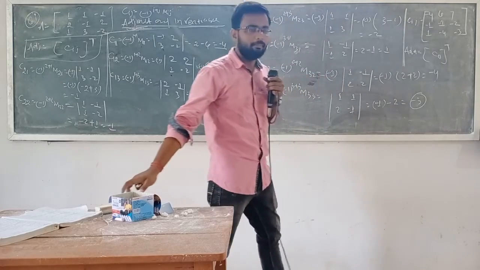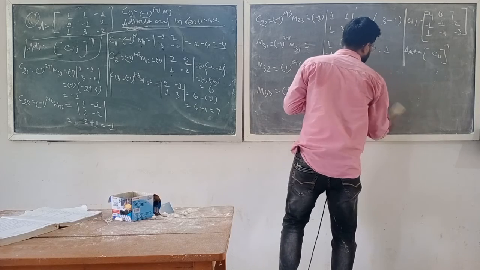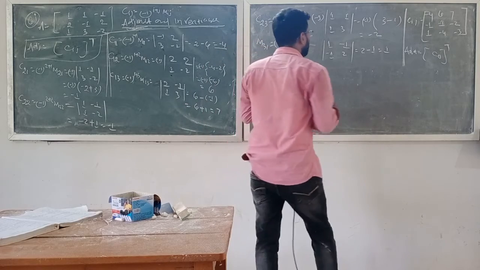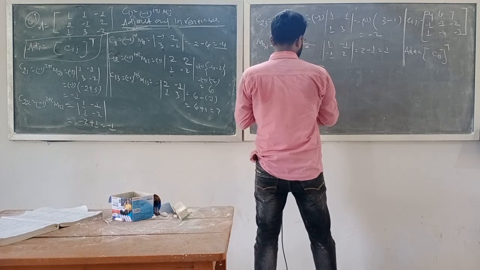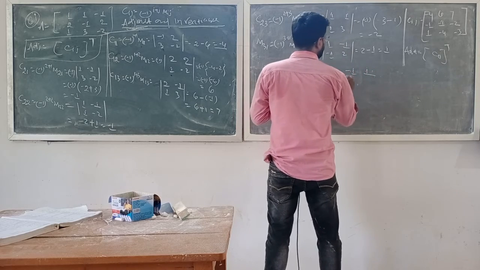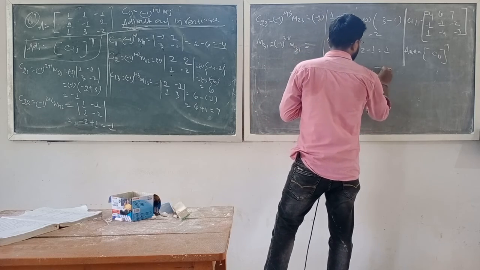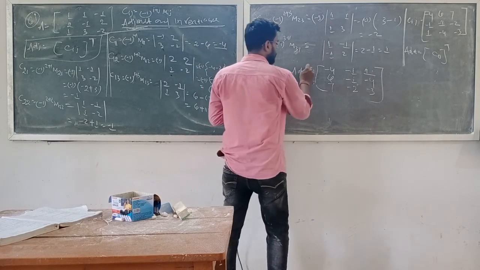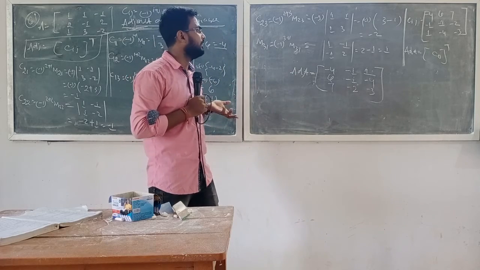That means rows transpose to columns and columns transpose to rows, so that adjoint of A is equal to -4 -1 1, 6 -1 -4, 7 -2 -3. This is the adjoint of the matrix A.